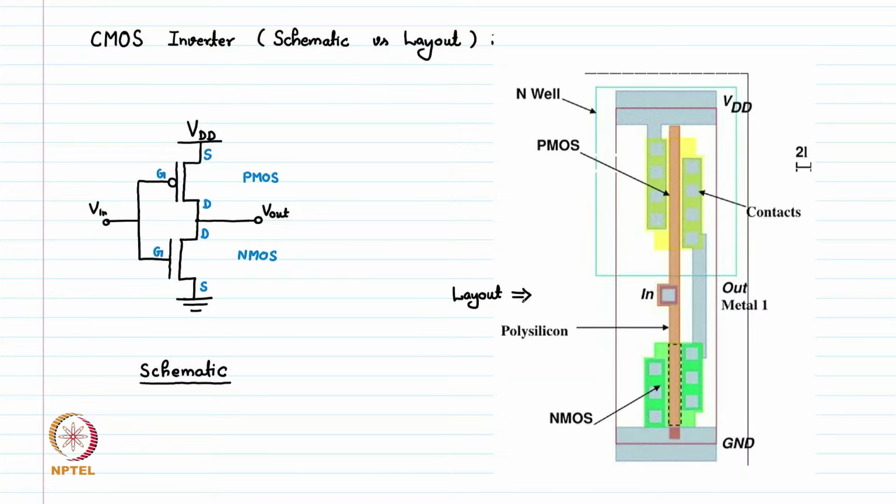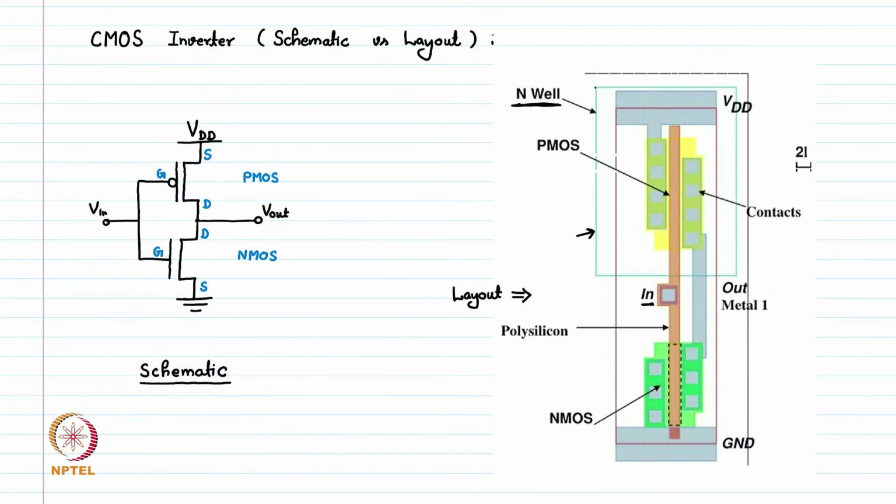So if we see closely here, this is the input node where we have a junction, and this is connected to both PMOS and NMOS. This is the PMOS region where we have a separate well which is called N well, because PMOS is fabricated always in the N well.